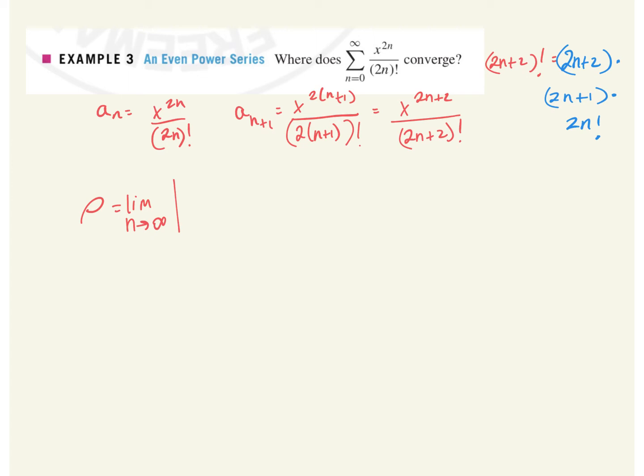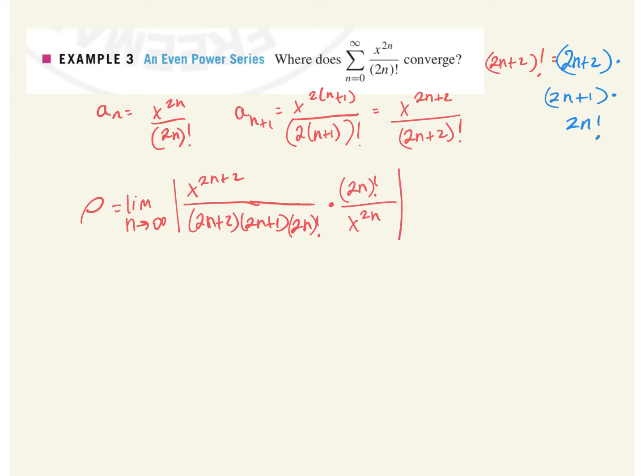Okay, so this should be x to the 2n plus 2 divided by 2n plus 2 times 2n plus 1 times 2n factorial, now multiplied by the reciprocal, where 2n factorial is here, over x to the 2n.